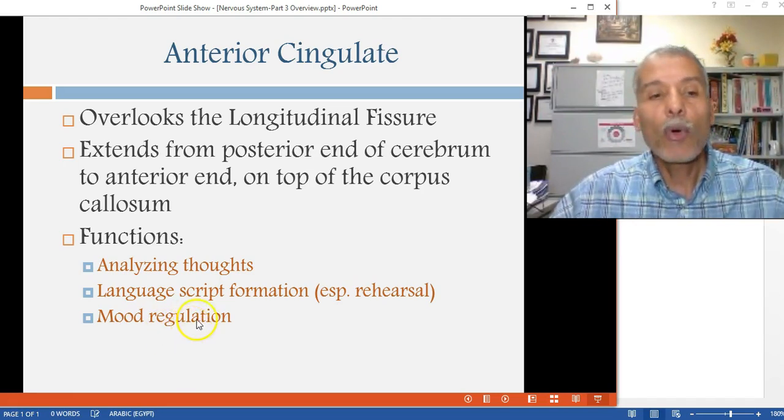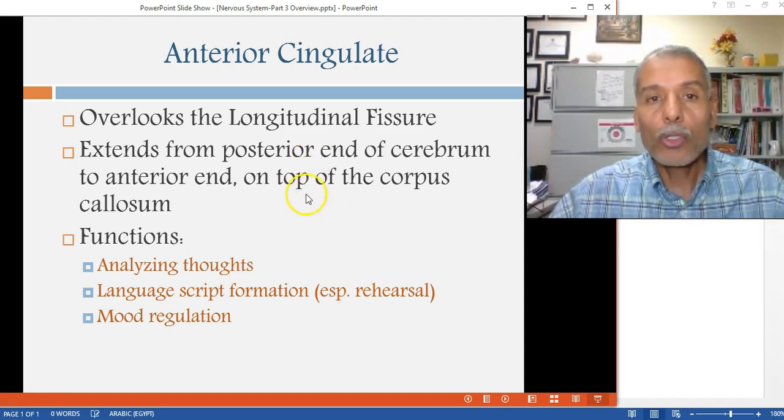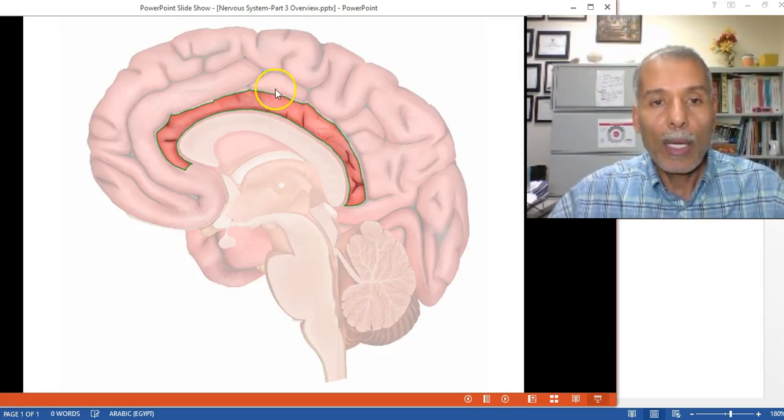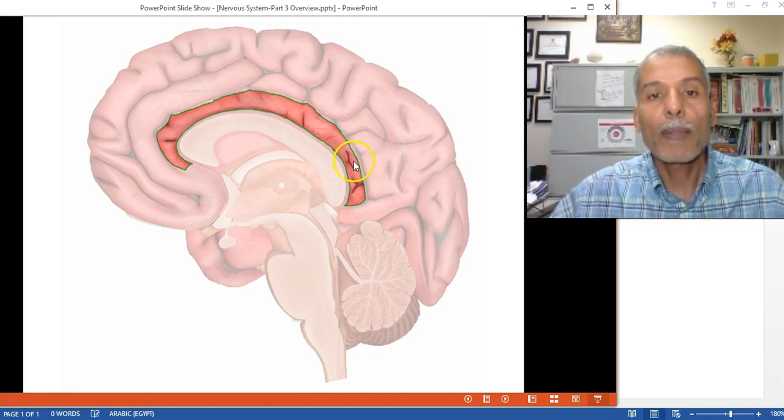And if there is a pathway there that is damaged, someone will have OCD, obsessive compulsive disorder. There are also some motor planning components in it. In the middle here, there are two areas for motor planning.